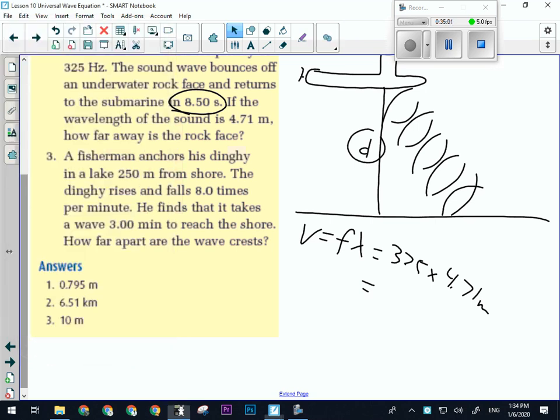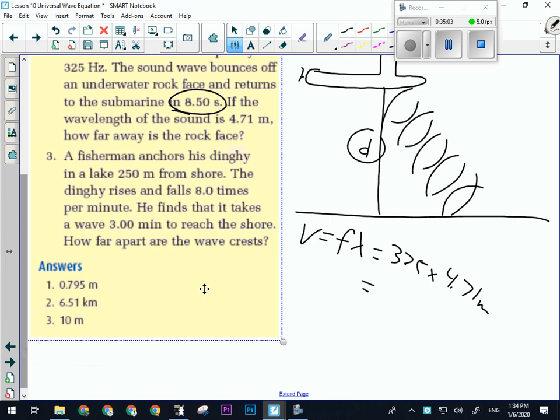Now I want to calculate how far it is to the bottom, and I know that the time it takes to go there and back again is 8.5 seconds. That means the time it takes to get here is only half that, 4.25.